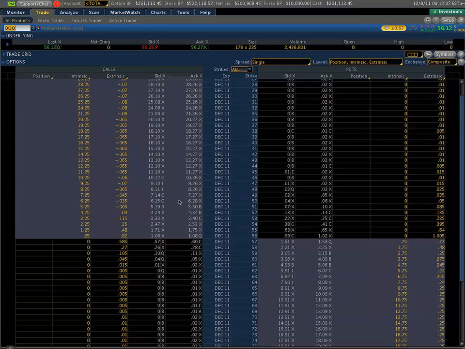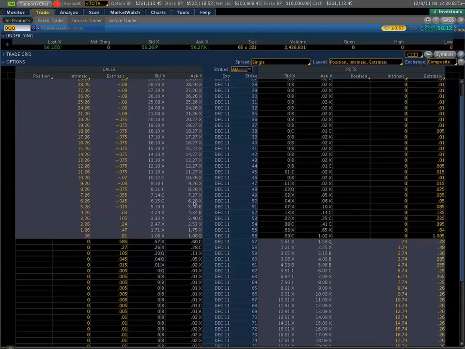The intrinsic value is determined by subtracting the strike price of the call from the actual level of the ETF or financial instrument. In this case, the current market price is $56.12 for this ETF.